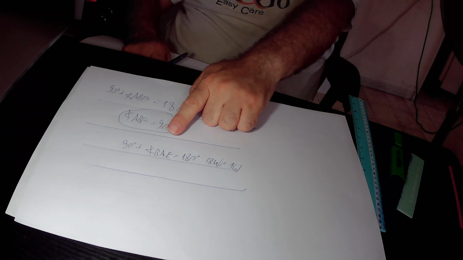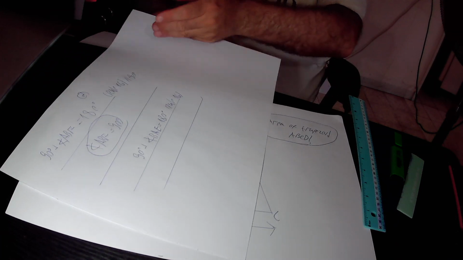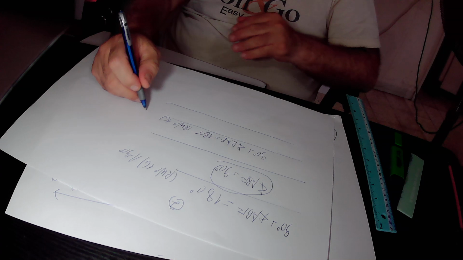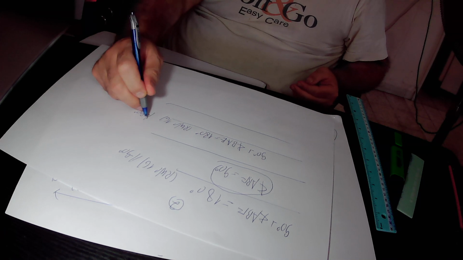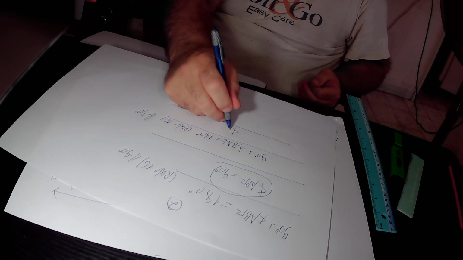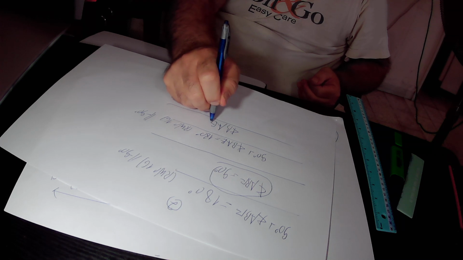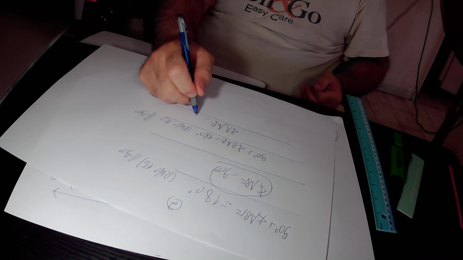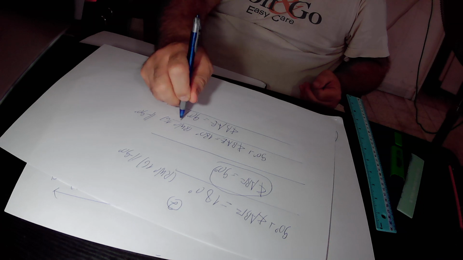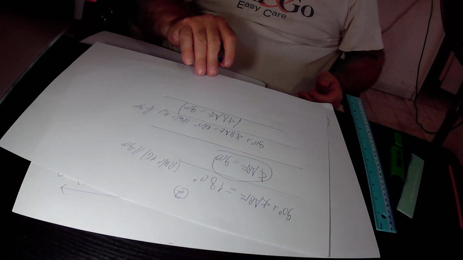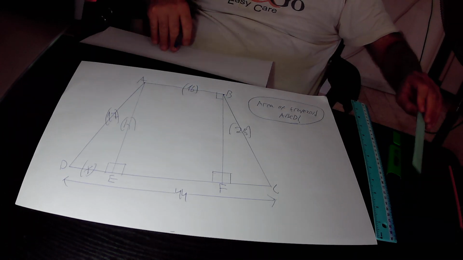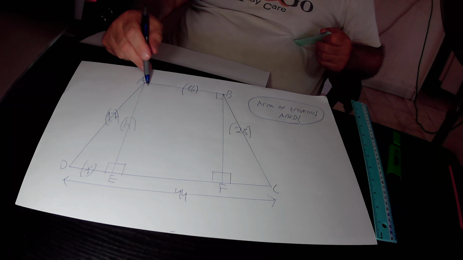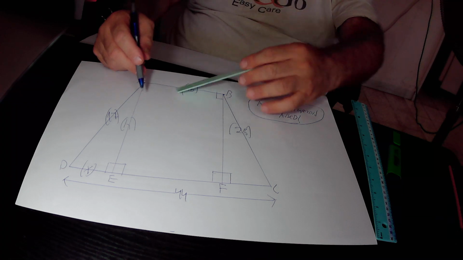Here we subtract 90 degrees from this equation, and we get that the missing angle BAE is equal to 180 degrees minus 90 degrees, which is 90 degrees. So the missing angle BAE is equal to 90 degrees according to rule 16.